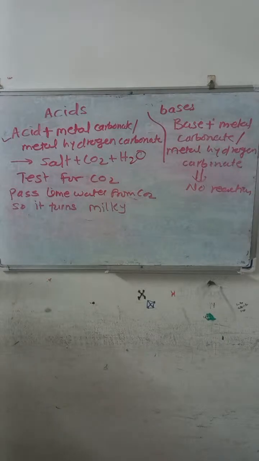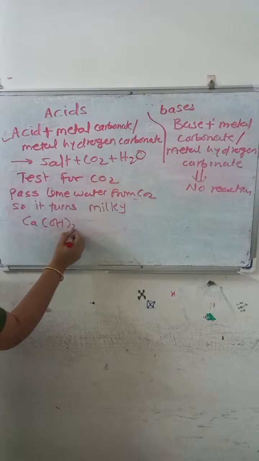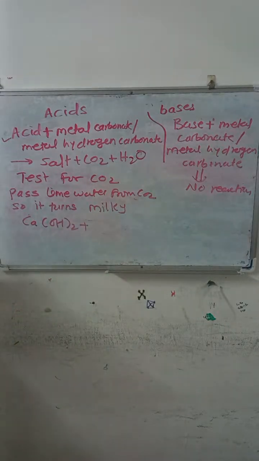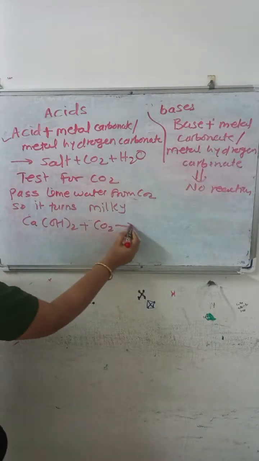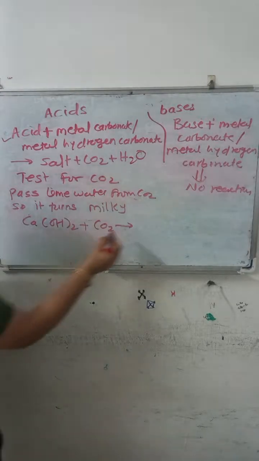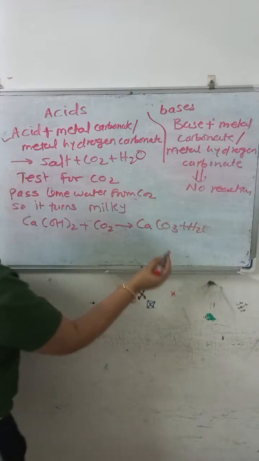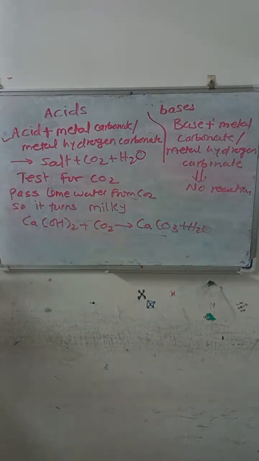Then if you take calcium hydroxide plus CO2, this gives CaCO3 plus H2O. So here the solution turns milky.